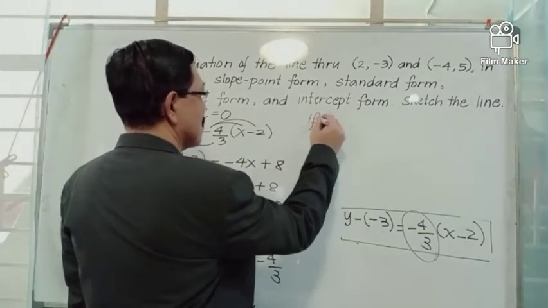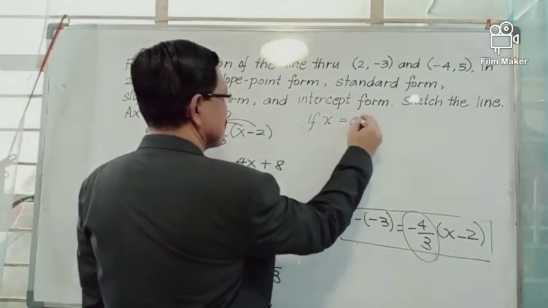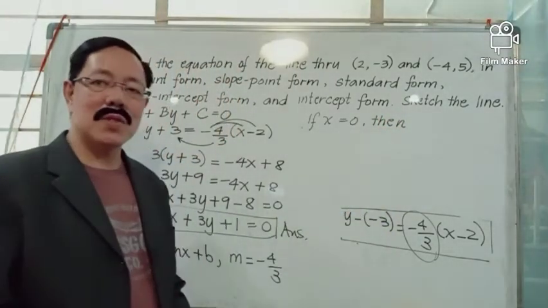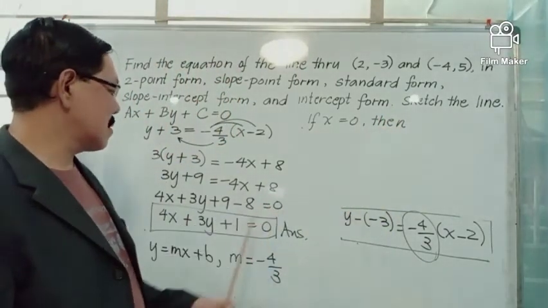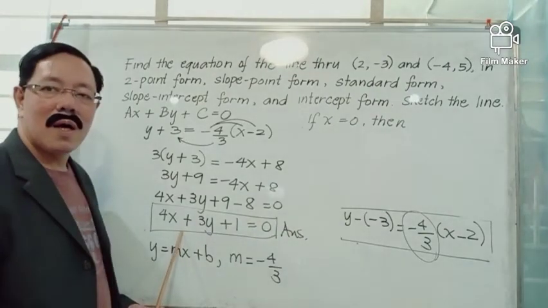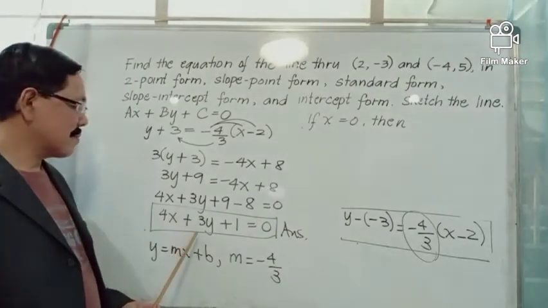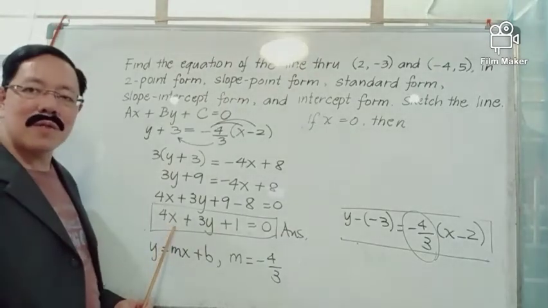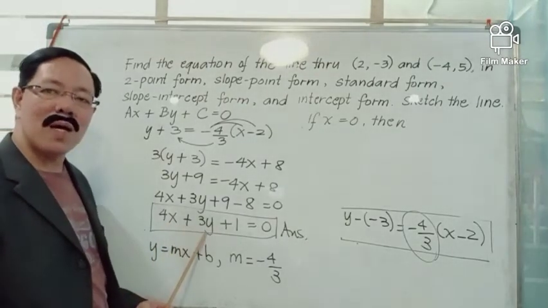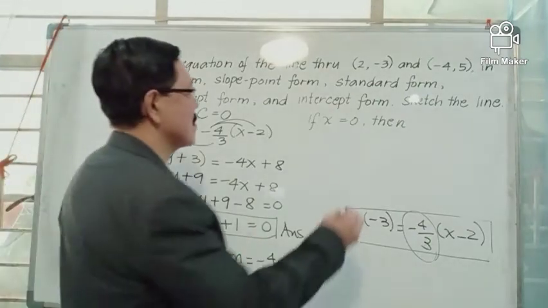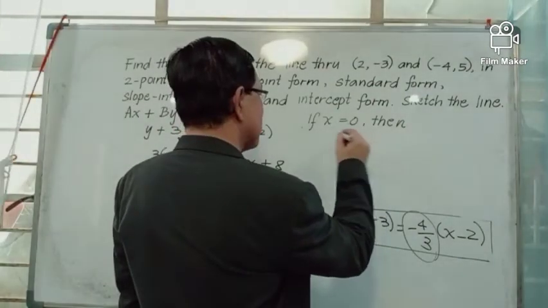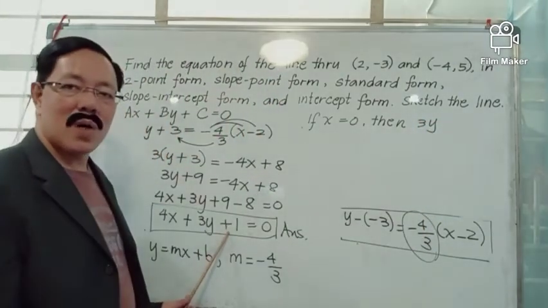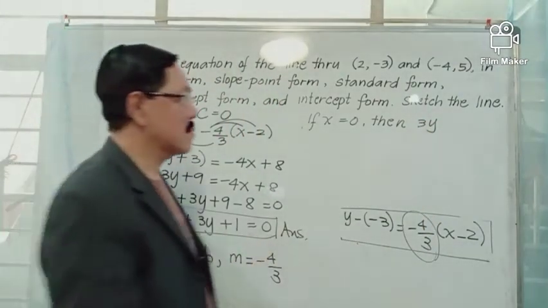If x equals 0, we substitute x equals 0 in the general form of the equation of the line. If x is 0, we have 4 multiplied by 0 is 0, and 0 plus 3y is 3y. We have 3y plus 1 equals 0.